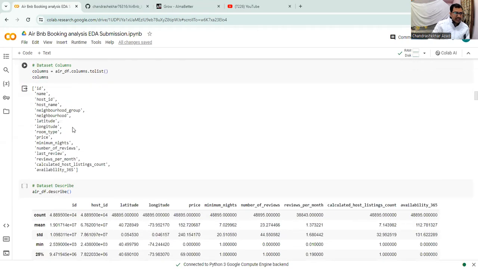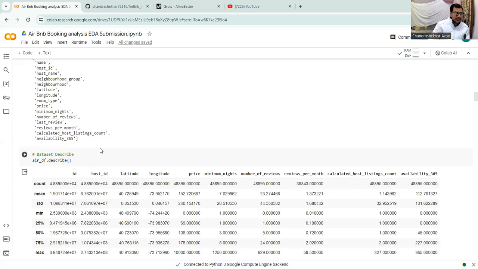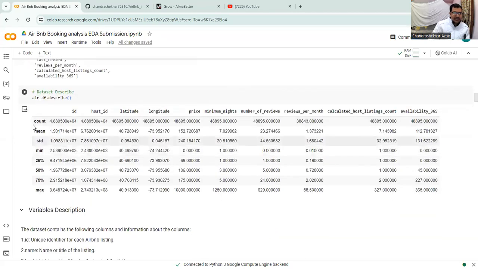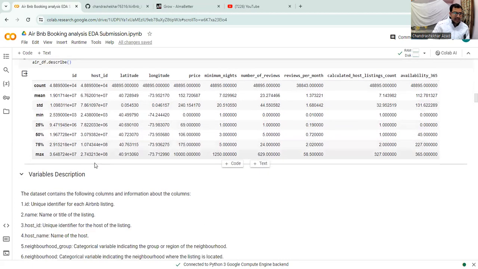Now this is the list of columns. The .describe method describes the data, like the count, mean, standard deviation, minimum value, 25th percentile, 50th percentile, and 75th percentile of the values, and the maximum value in the dataset.